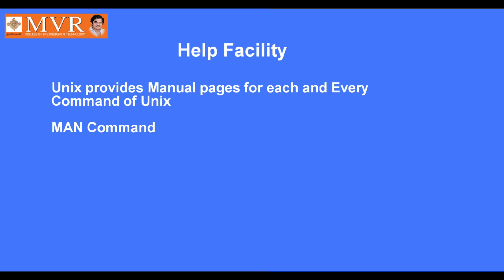If you have any doubts about any of the commands, you can simply type man followed by the command name, and you will get all the information about that command and understand its use. This is another feature of the Unix operating system.